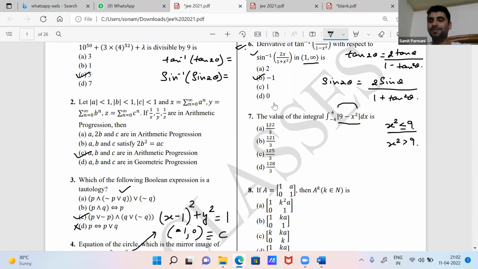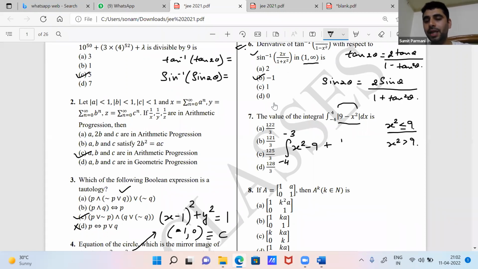If I put x equals -4, we get x square 16. For x equals -3, we get 9. I'm breaking here itself. From -4 to -3, it is always negative, so we have to write x square minus 9.